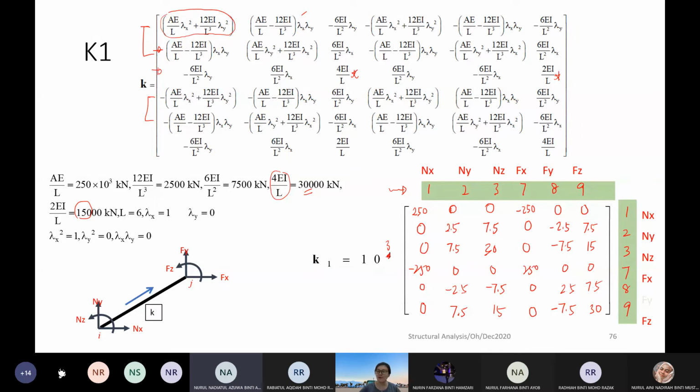But I forgot to change this to K2. This is K2. So don't confuse this K2. We are going to gather this K1 and K2 to become a structure stiffness matrix right now.